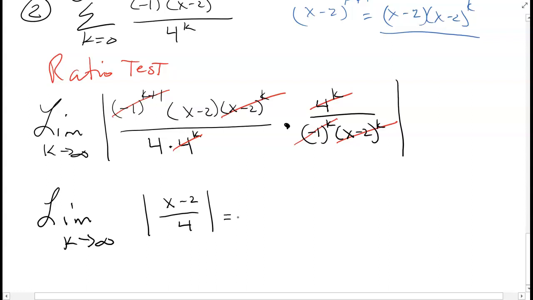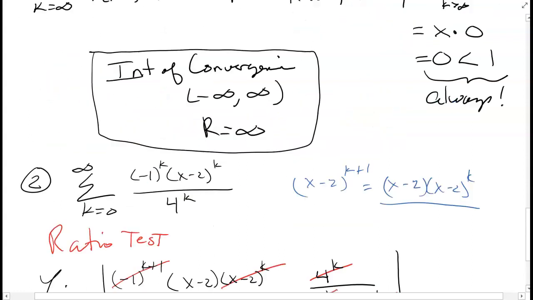Now notice there are no k's left in this one. So the limit without an actual k going to infinity leaves our answer as just whatever x minus 2 over 4 is. That's it. So pay attention to what happened.